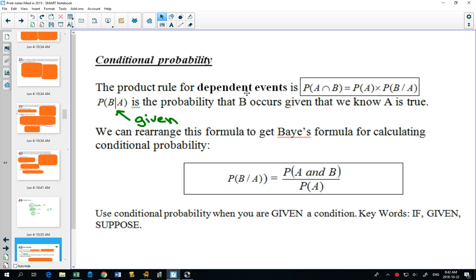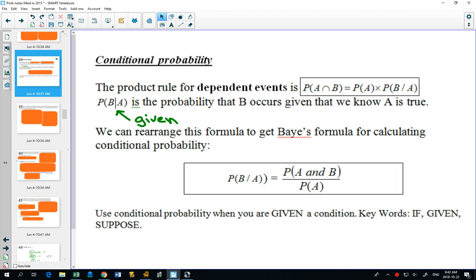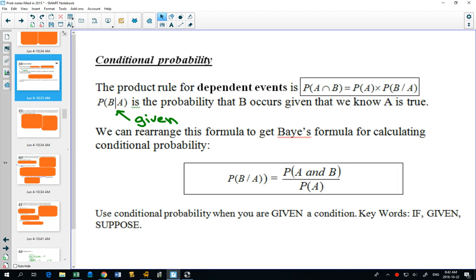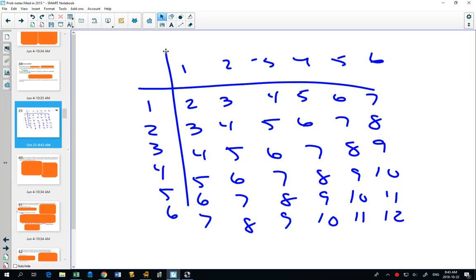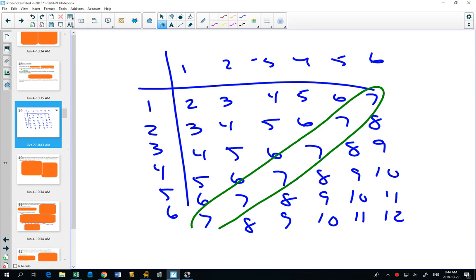Maybe you've seen before making a chart of, well, let's do that chart, just for fun. So rolling 2 dice, there's 36 possibilities. And how many of them are 7? 6 out of 36, so we get 1/6 again.